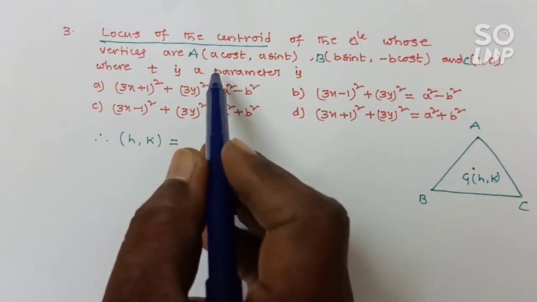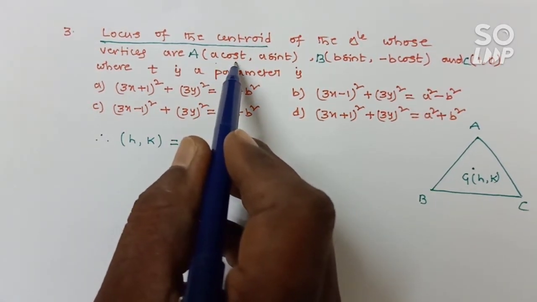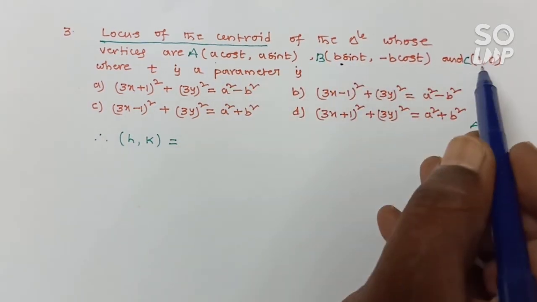Now the x coordinates are a cos t, b sin t and 1.